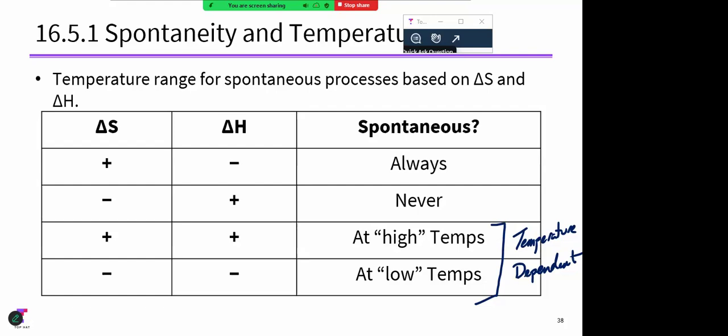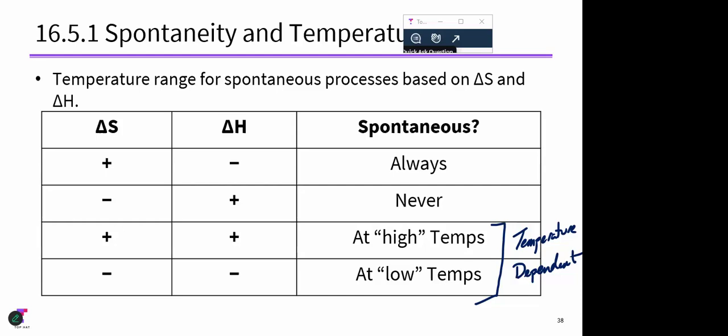Now, the reason for the quotation marks there around high and low is because the terms high and low are relative. And what they're relative to is the equilibrium condition.